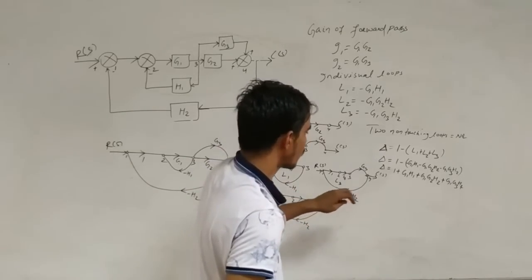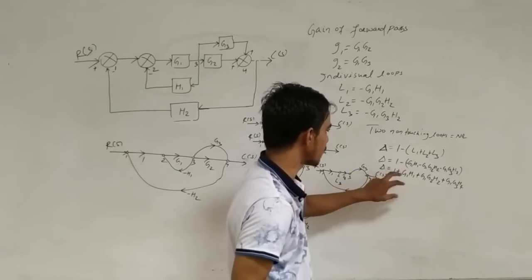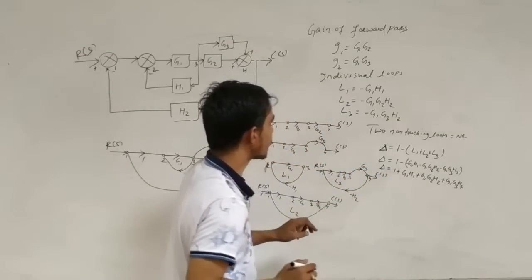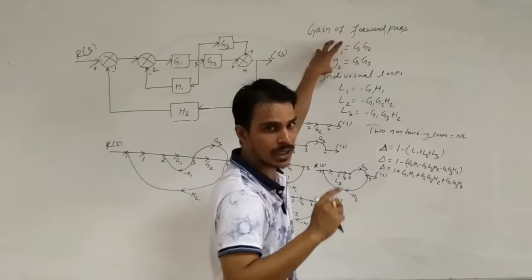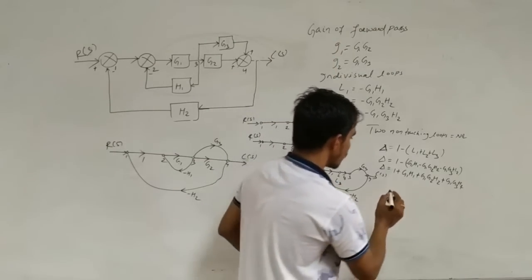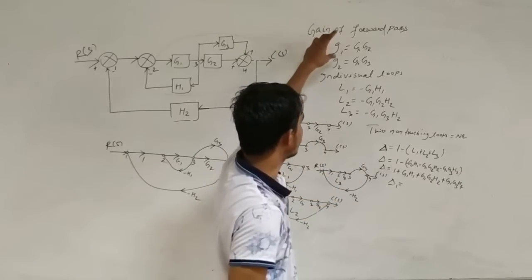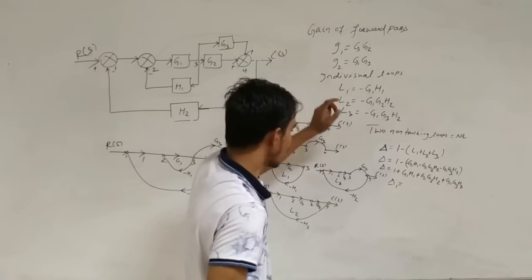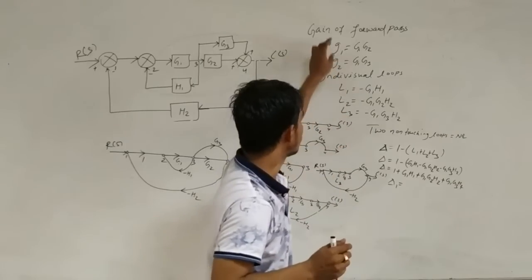Now we have to find the transfer function. Before finding the transfer function, we have to find delta 1 and delta 2, since there are two forward paths. While considering delta 1, we check the forward path G1. So delta 1 is 1 minus the loop gain which is not touching the forward path G1.